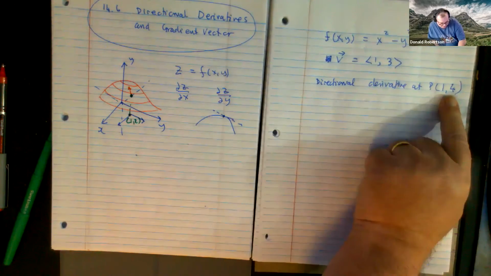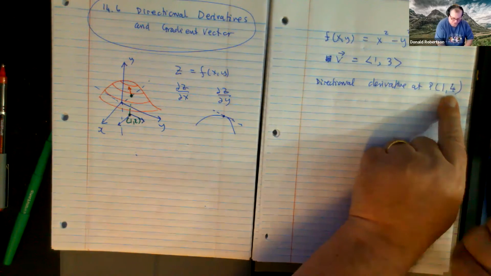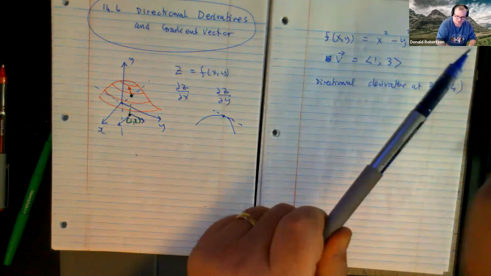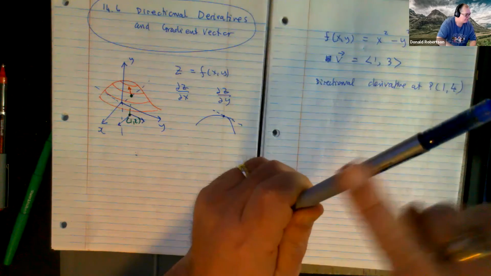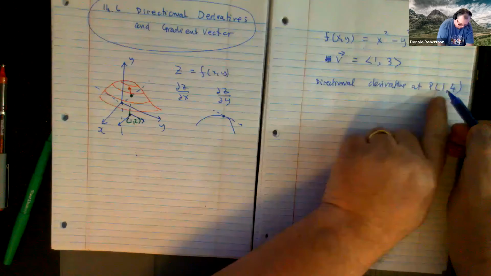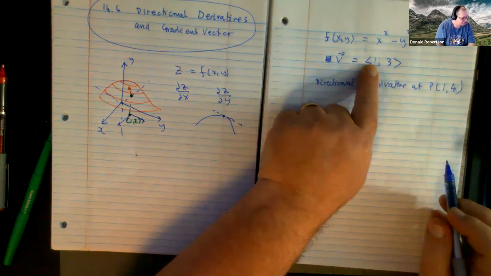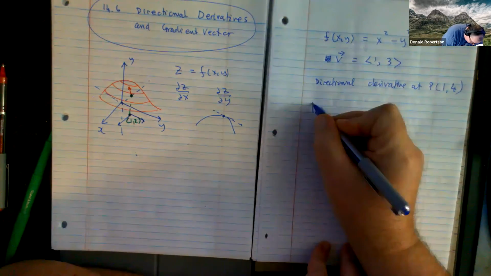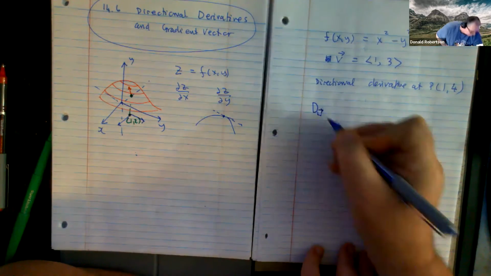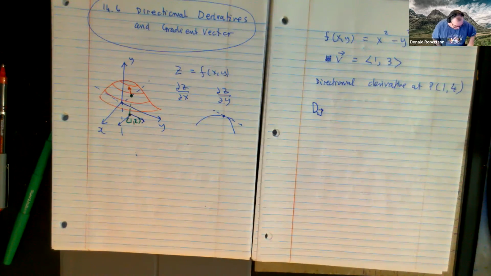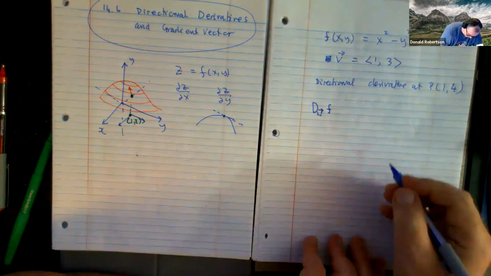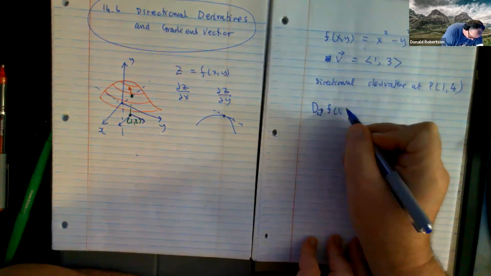So we have a point on the ground, (1, 4). That point goes up to the surface. We're then going to go in the direction (1, 3), and we're going to see what kind of slope the hill would be at that point, right above on the surface, going in the direction (1, 3). The notation for it is a little bit clunky. A capital D, a little u, so that's a directional derivative, with a unit vector, obviously, of the function f at the point (1, 4).